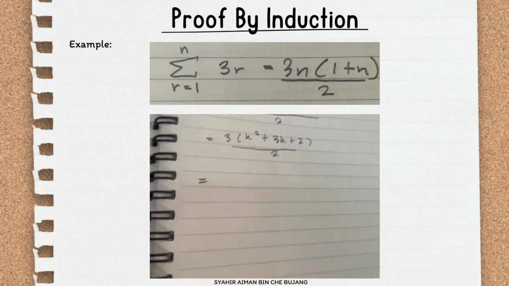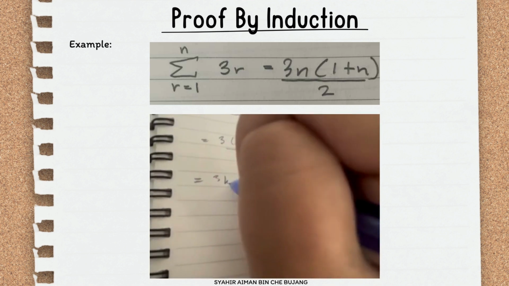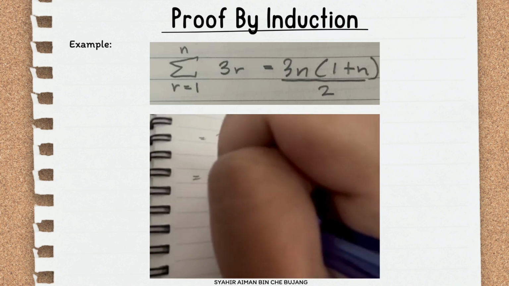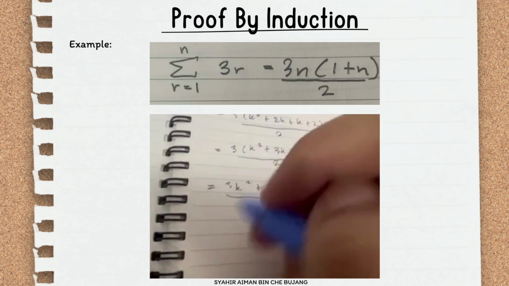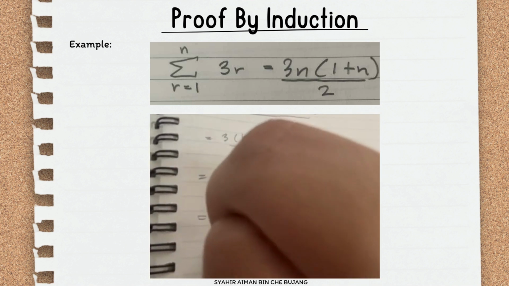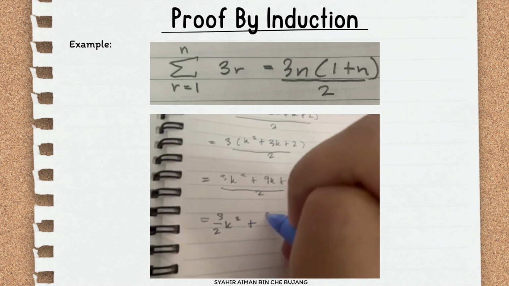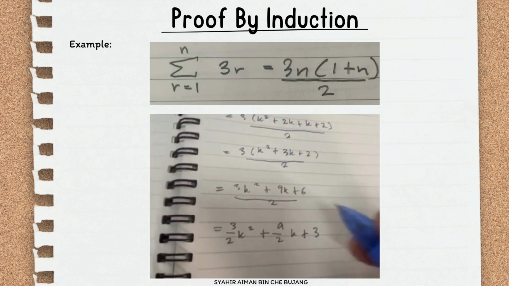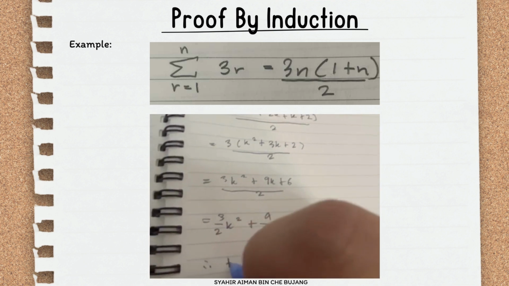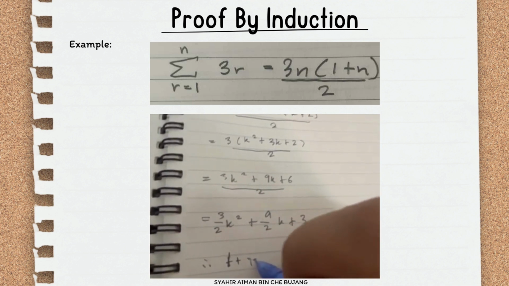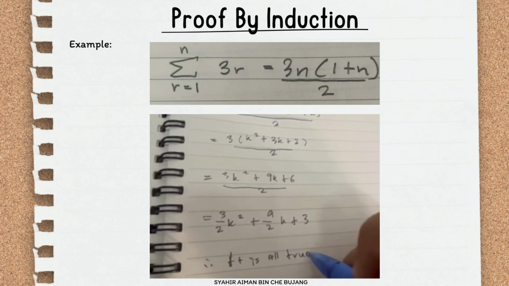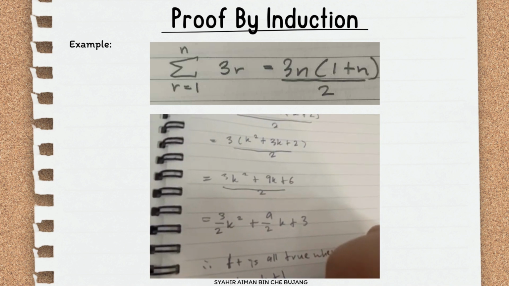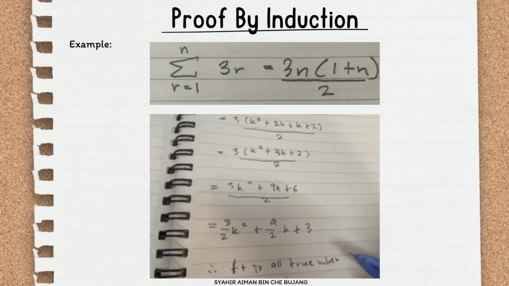Next, (3k squared plus 9k plus 6) over 2, and lastly it became 3 over 2 k squared plus 9 over 2 k plus 3. So it is true when n equals k plus 1.